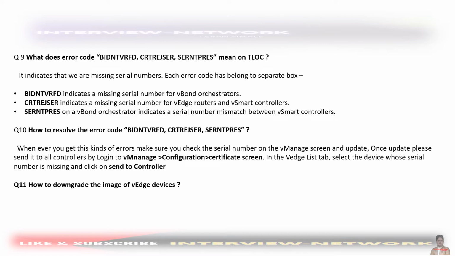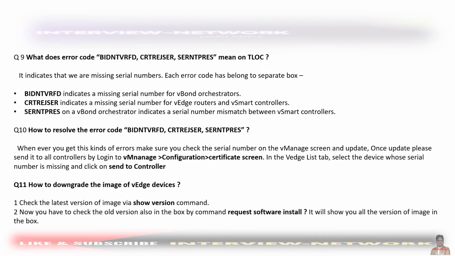The next question is how to downgrade the image of vEdge devices. That is a very common task that we normally do in traditional boxes. Now, how to do the same thing on the vEdge boxes? First, you need to check the latest version of the image via the show version command. Then you need to check whether the old version is also in the box, using request software install question mark, or another command called show software.